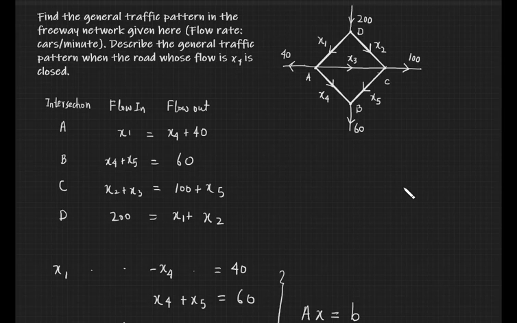At intersection B, x4 plus x5 should be equal to 60. At intersection C, x2 plus x3 should be equal to 100 plus x5. At intersection D, 200 should be equal to x1 plus x2. So you can take any of those infinitely many solutions, and then substitute them here to verify your answer.